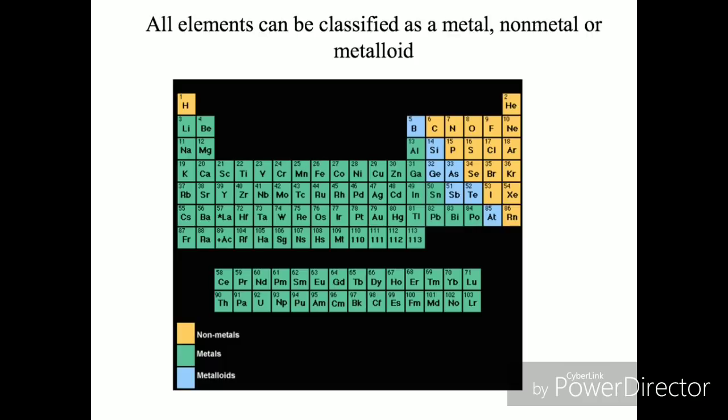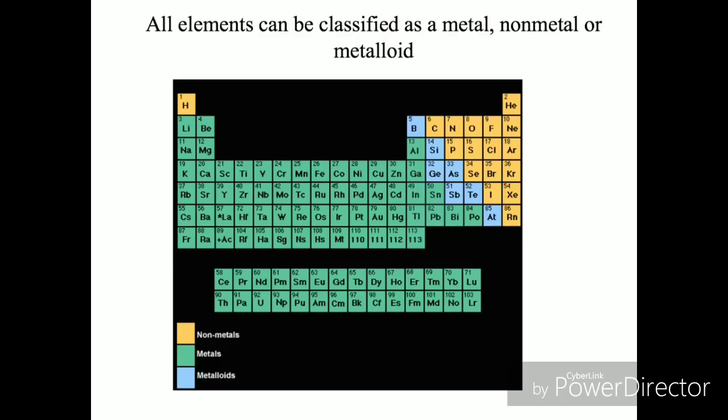Now, if you forget where the metals are, if they're on the left or the right, just find an element that you know is a metal. Most of us know that iron or copper or silver are metals. So we can find them and assume that immediately around them, that area is filled with metals.